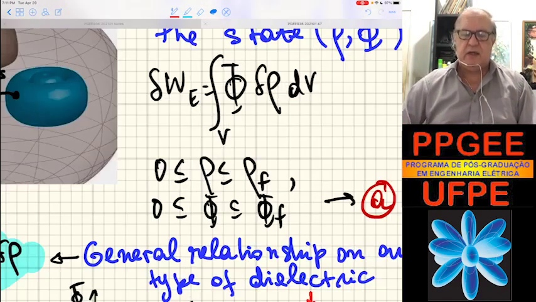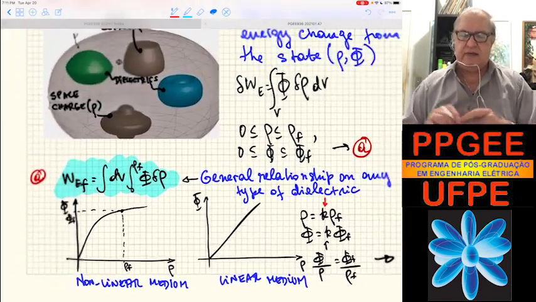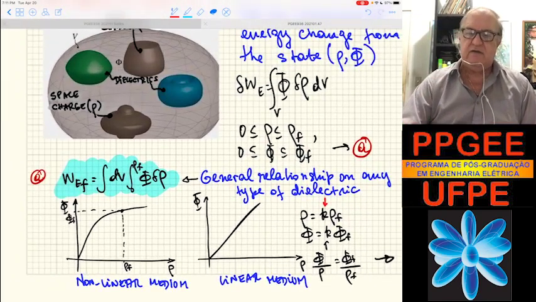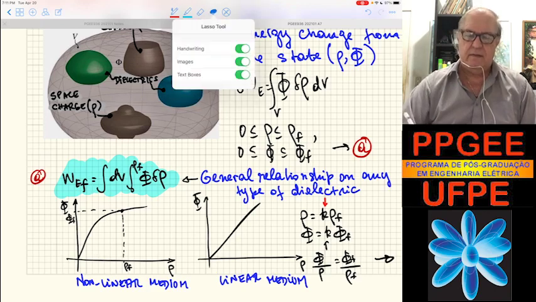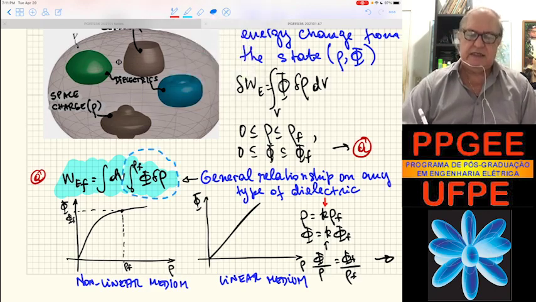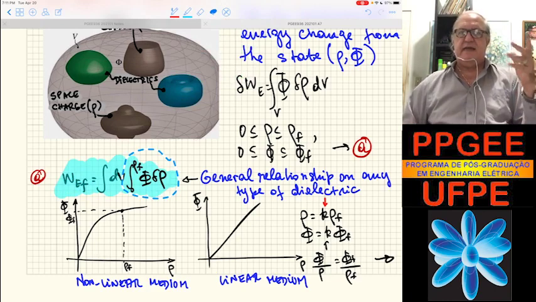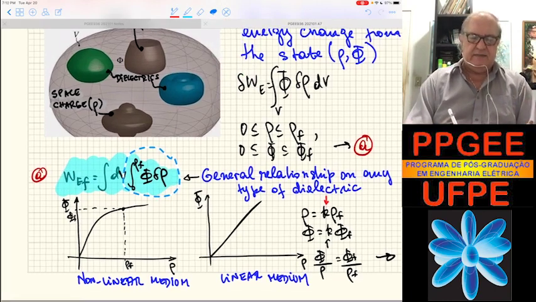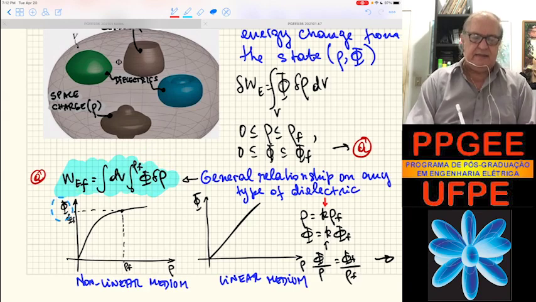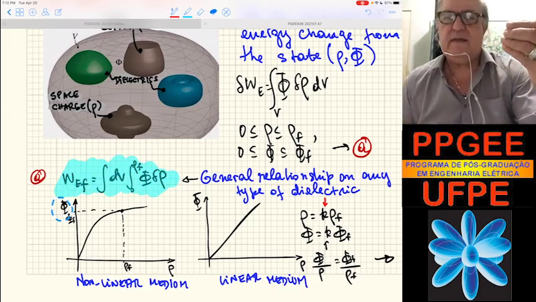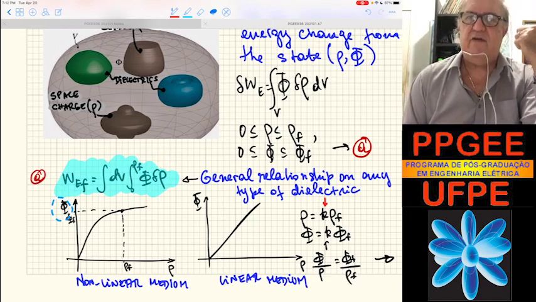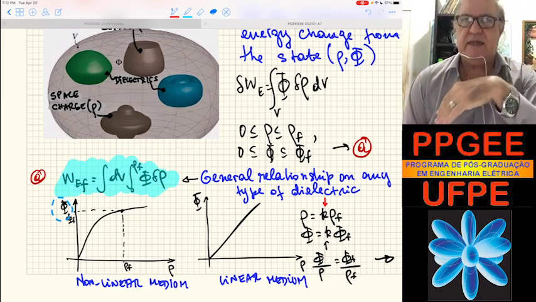Otherwise, if the system is not linear, the way you have to calculate the energy is to first do the integration in the state space. State space is a space in which we don't have a coordinate, but just the state dependence. In each point, the system has a given state, represented by the value of potential and value of charge density.